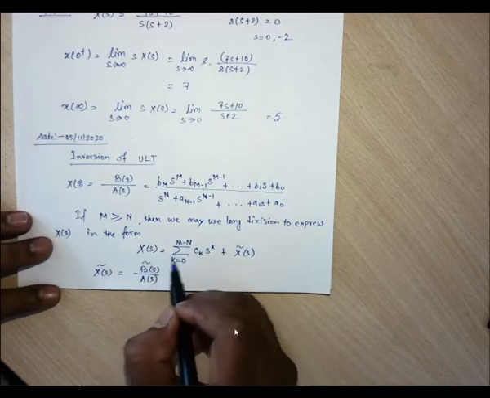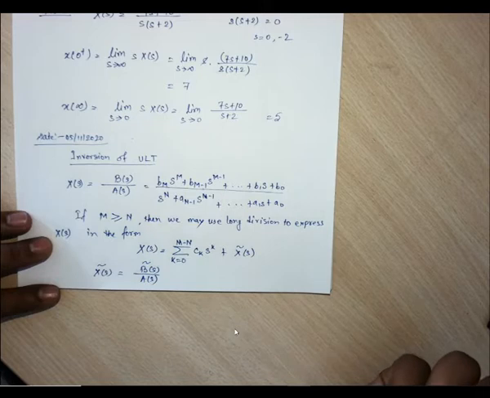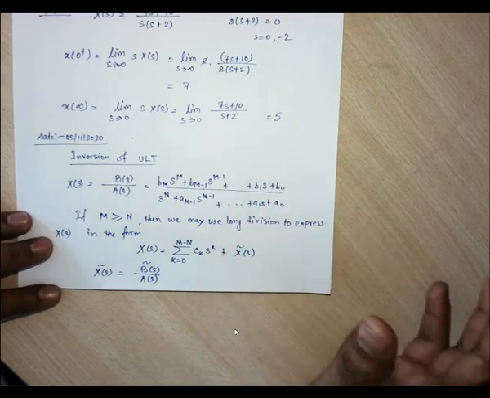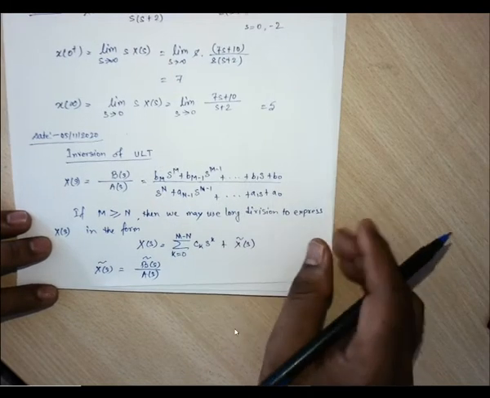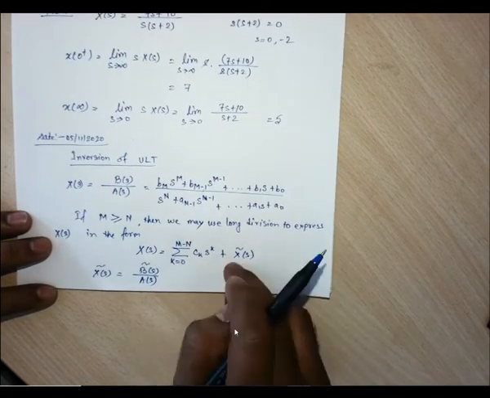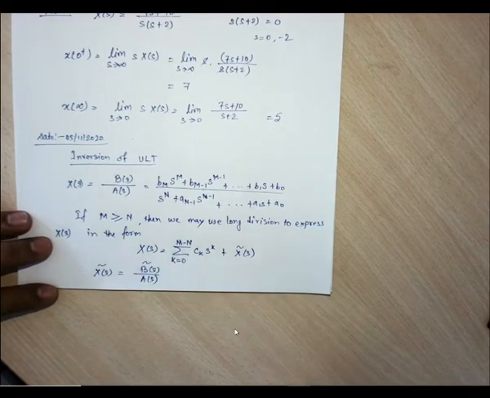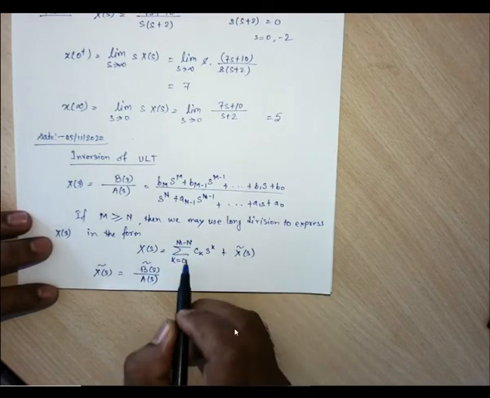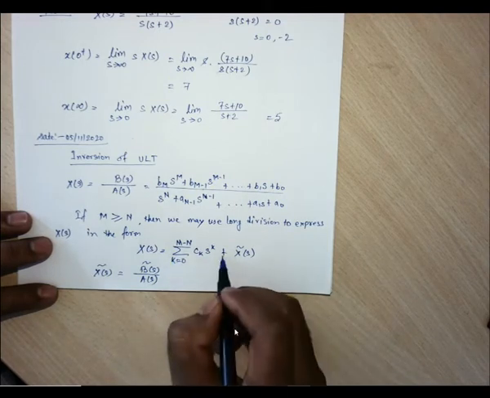Once we solve some problem, it will be easier. After doing the division, this is the result and this is the remainder, so this is the new form of the Laplace transform. We need to find the inverse of this one first, then go with this.